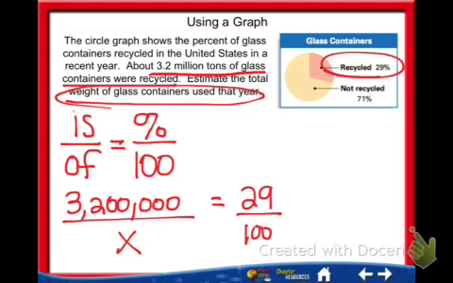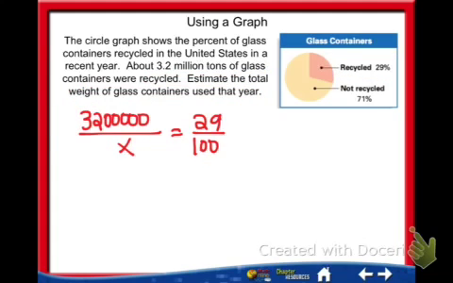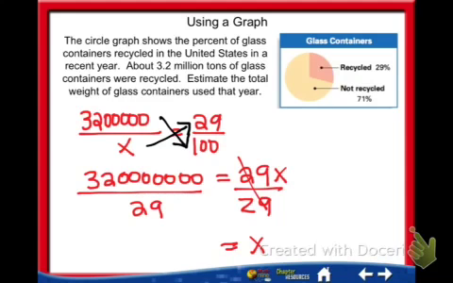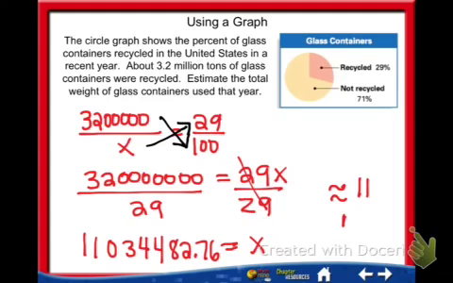This is our proportion. Now we'll cross multiply to solve our proportion. Divide both sides by 29. That's going to give us about 11 million.